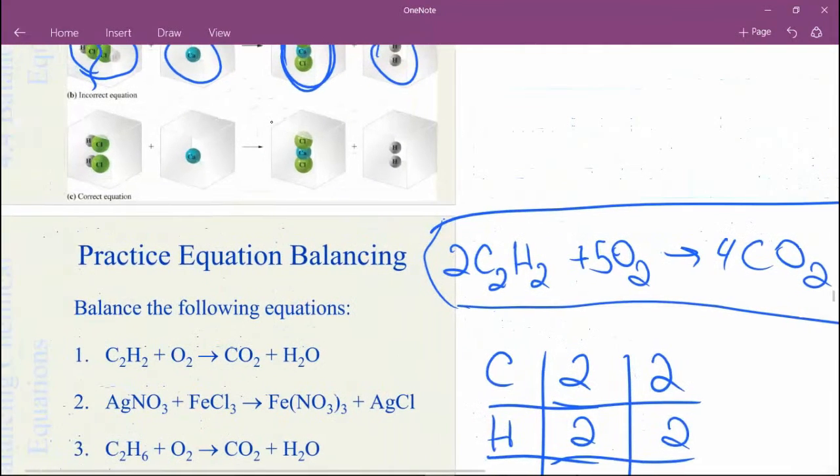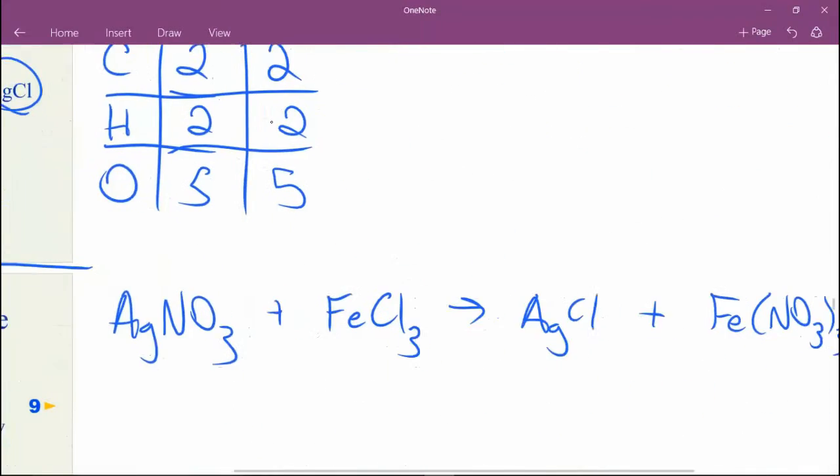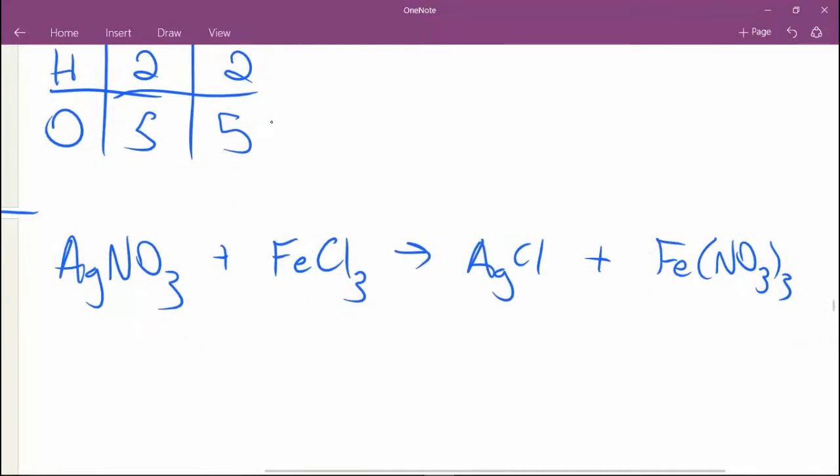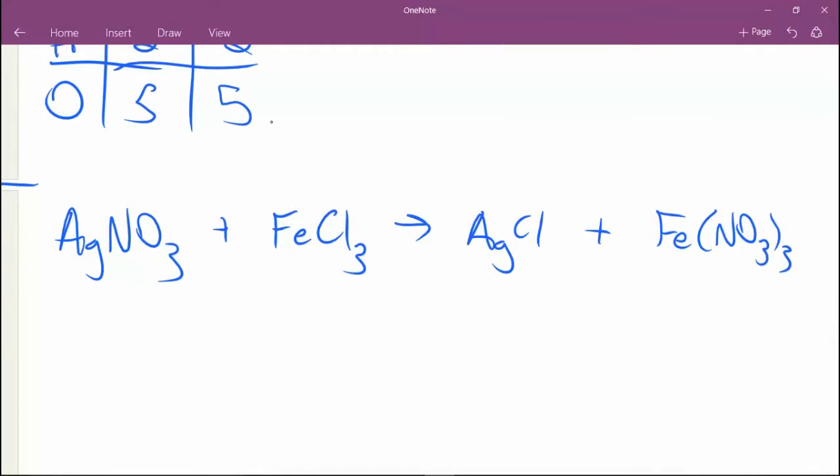Okay, so that's what we have, iron 3 nitrate and silver chloride. Now I want to balance that chemical equation. So I write down all of the items that are in the equation. I have silver, I have nitrate.